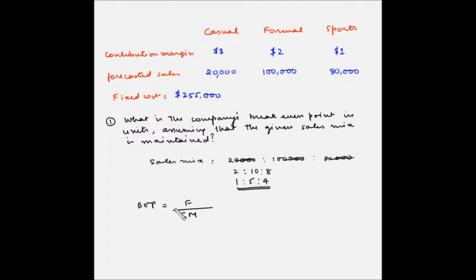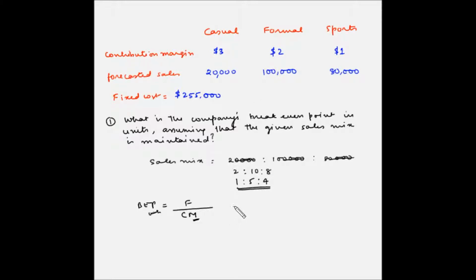And basically the formula here for break-even point in terms of units means how much is being contributed by each unit on an average to recover the fixed cost. So basically we have to find out the average contribution margin, and in this case it will be a weighted average because we have different sales for each of the product lines and different contribution margins.